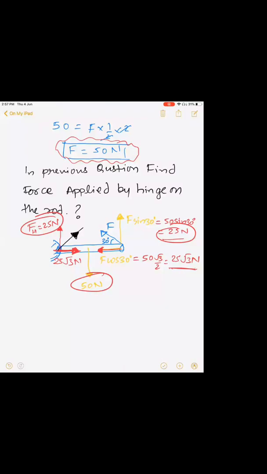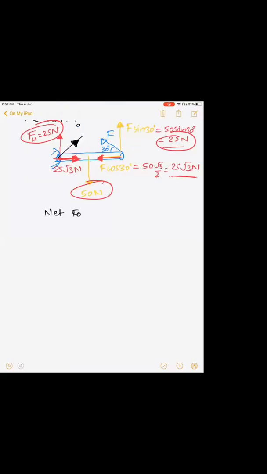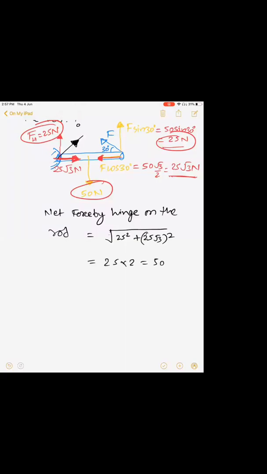So the net force by the hinge on the rod will be the square root of 25 squared plus (25 root 3) squared. You will get 50 Newton. So you all are wrong. The net force applied by the hinge on the rod is 50 Newton.